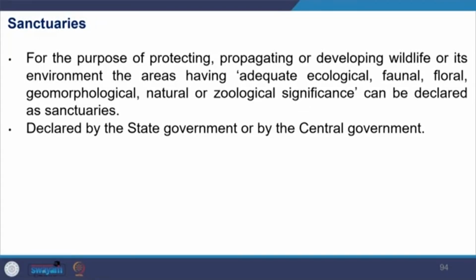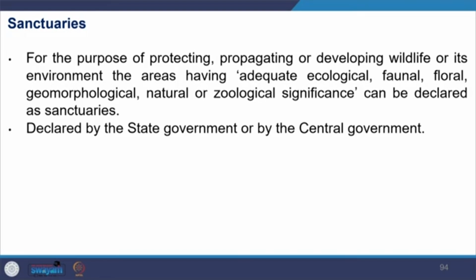So, if you look at how they are defined, sanctuaries are areas of adequate ecological, faunal and floral, geomorphological, natural or geological significance, and wherever such areas are found, they can be declared as sanctuaries for the purpose of protecting, propagating or developing wildlife or its environment.